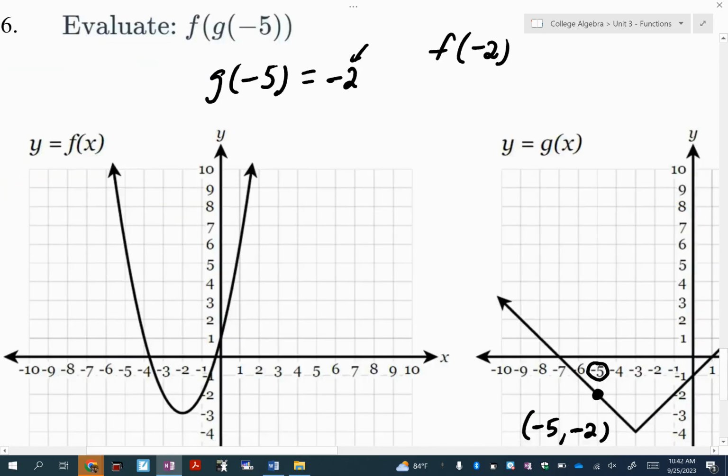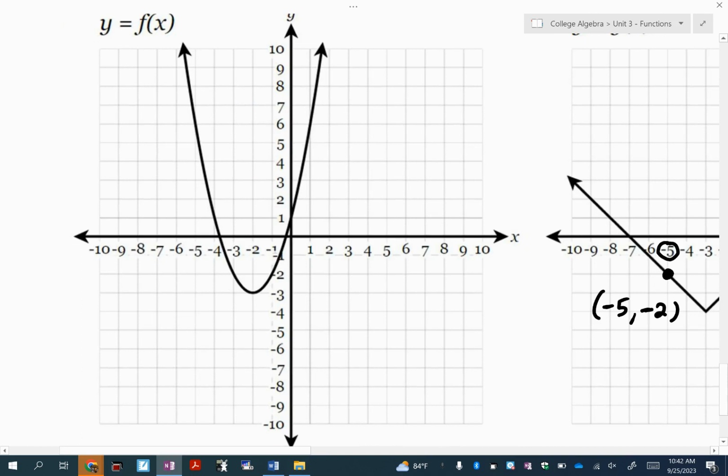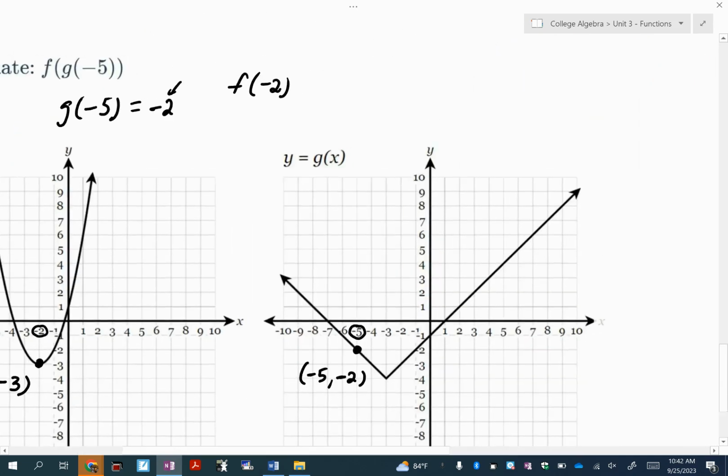So -2 was the y value over here. Now it's going to be the x value here. So go to f of x, look at -2. Here's -2. There's the y value. So it's -2, -3. So the y value of -3 is my answer for this composite value. So f of g of -5 is -3.